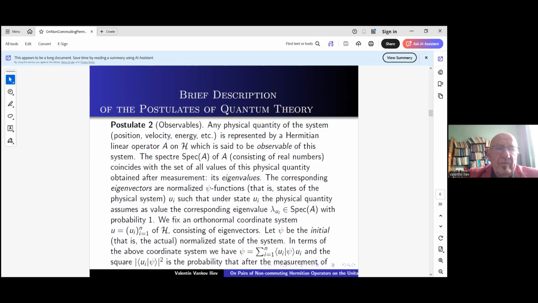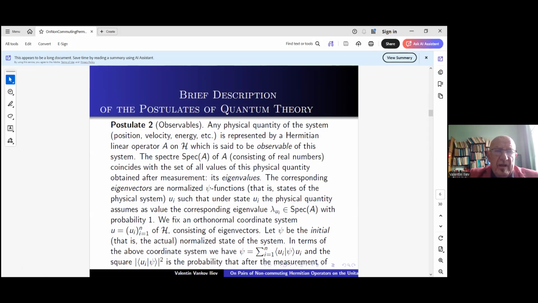It is said to be observable. We know that Hermitian operators have real spectre, so its spectre coincides, again included in the axiom, with the set of all values of this physical quantity obtained after measurement.